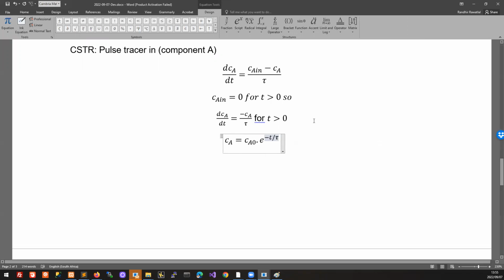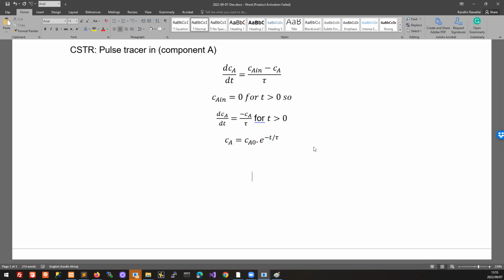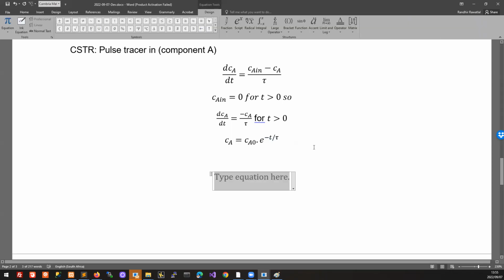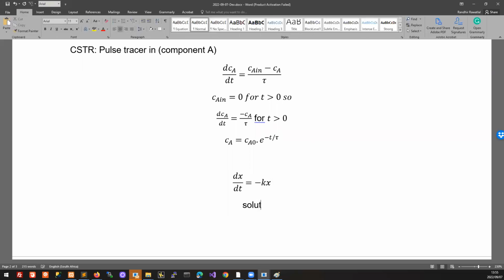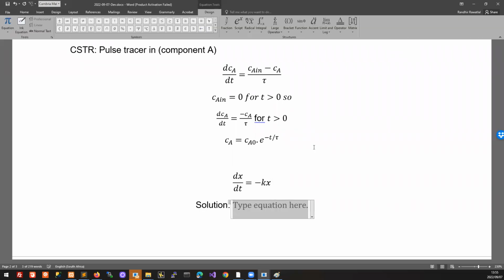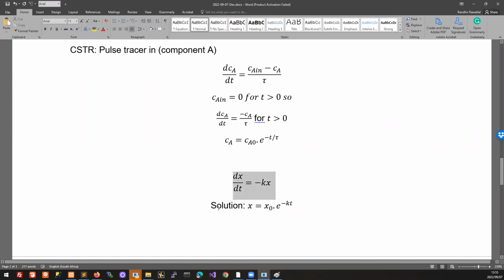That's the solution. And of course, you know this because if you have dx/dt equals minus kx, then the solution is x equals x naught times e to the power minus kt. Right, so generally speaking, that's in fact how we define the function E.